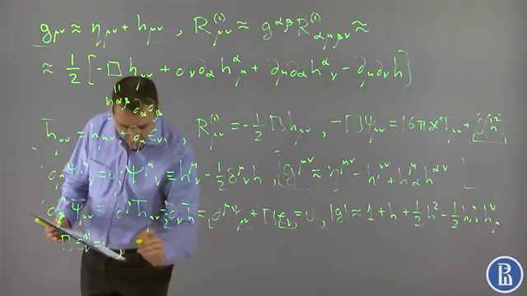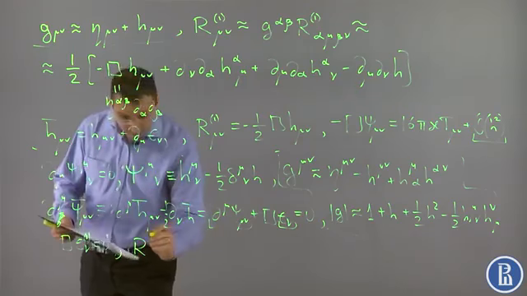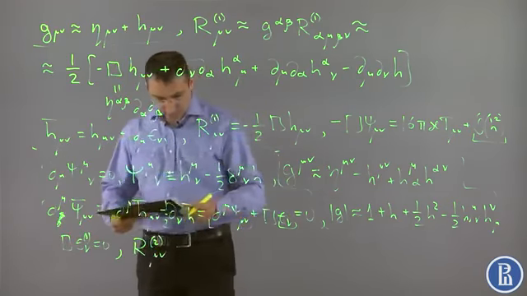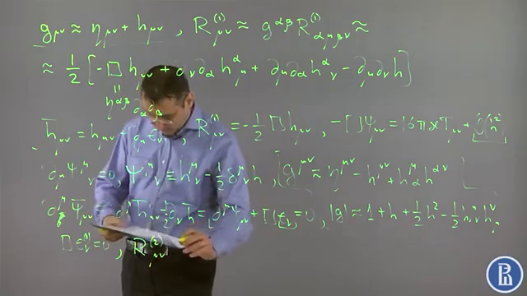The Ricci tensor to the second order looks quite tedious, but it is like this.